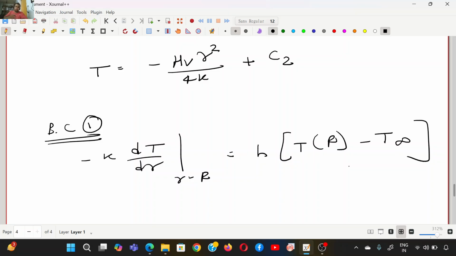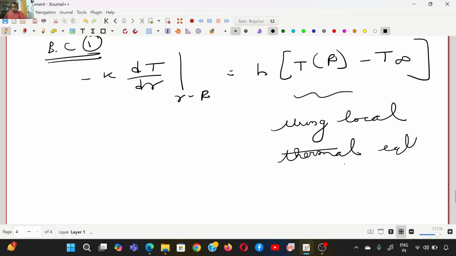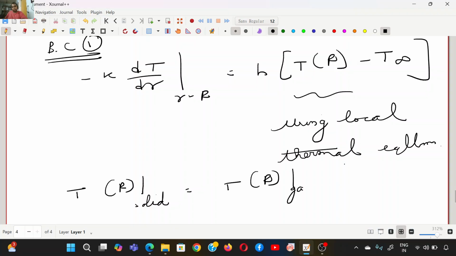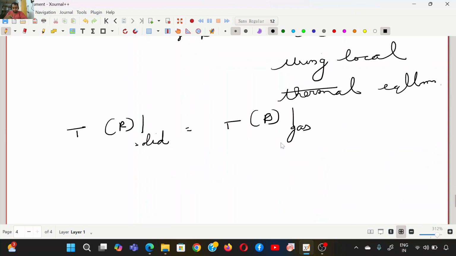Just like we use the local thermal equilibrium, if you remember the local thermal equilibrium boundary condition, T at capital R solid is equal to T at capital R gas. So you apply this boundary condition and tell me what C2 value you get. I'll give you maybe 5 minutes to solve it, and from there, what is the temperature profile?